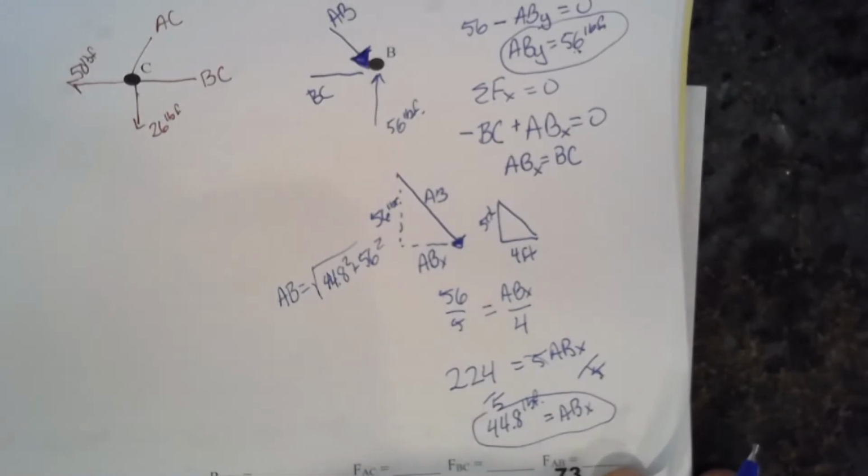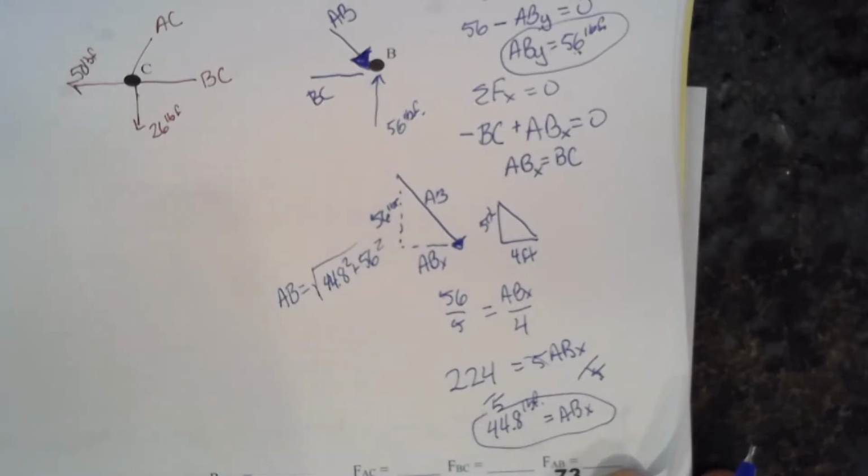Second square root, 44.8 squared plus 56 squared. Oops. What is going on here? Let's try again. Sorry.